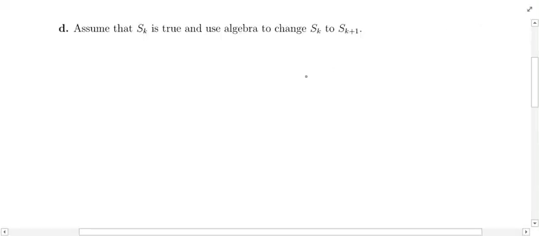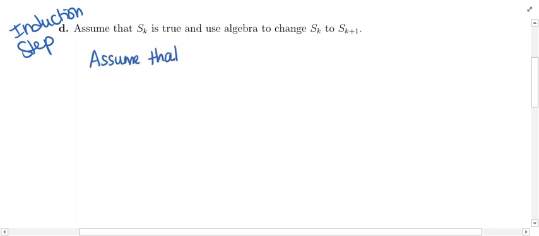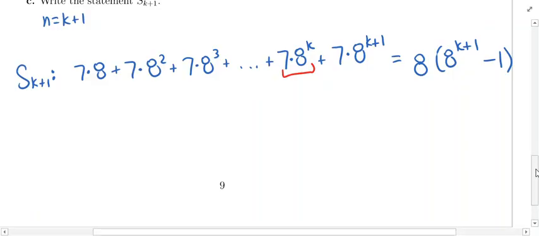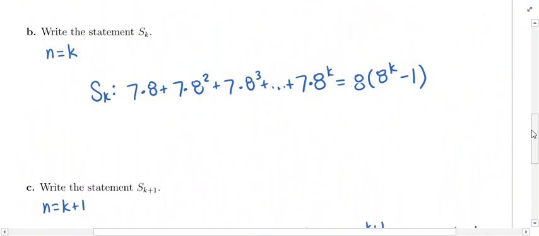So moving on to part D on page 10, we are ready for the induction step. Again, that means we're assuming that Sk is true, and we're using algebra to change Sk to Sk plus 1. We always begin the induction step by assuming that Sk is true. So we are going to assume that, and then we're going to go back and grab Sk from part B and write the whole thing down.